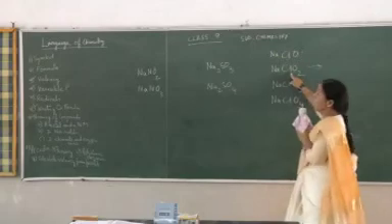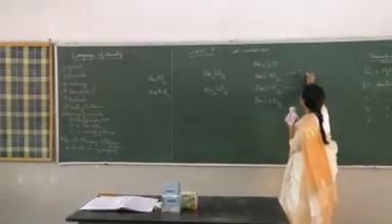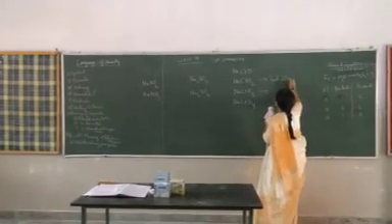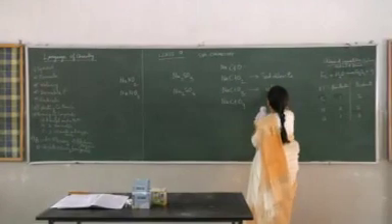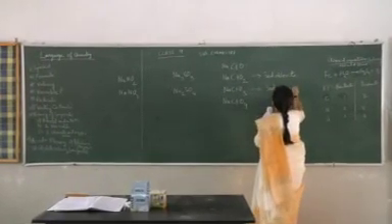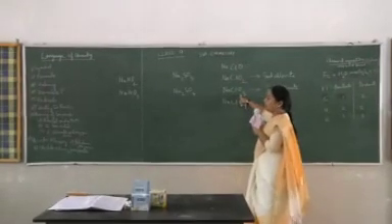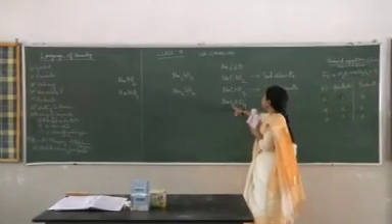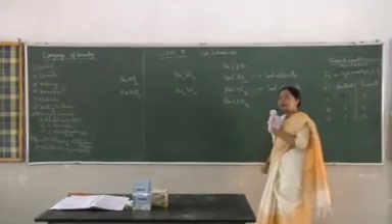So this is chlorite, this is chlorate. This is sodium chlorite, this is sodium chlorate, because it has one more oxygen. This is O2, this is O3, one more oxygen. NaClO4, one more than the chlorate, is called perchlorate.